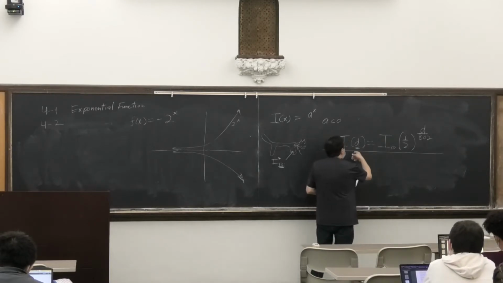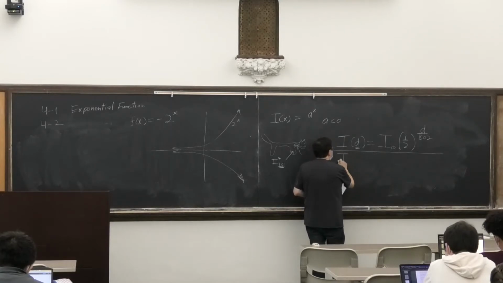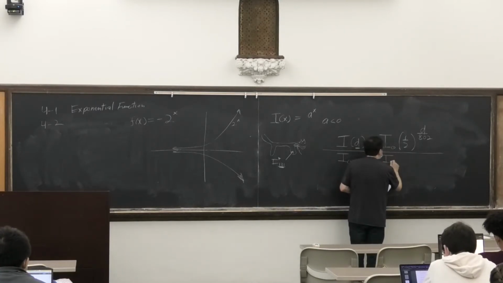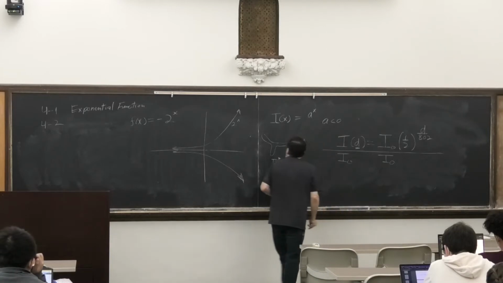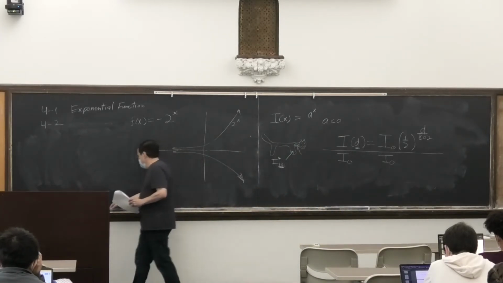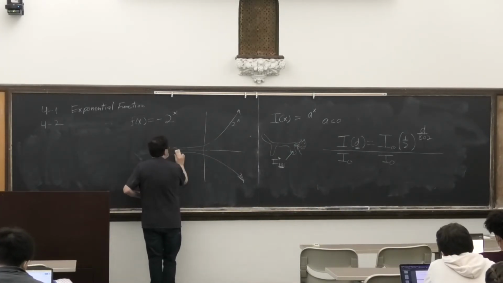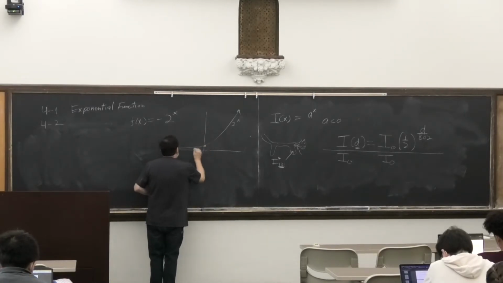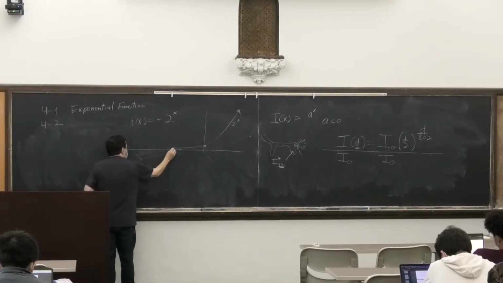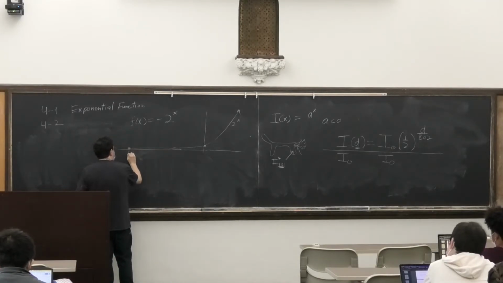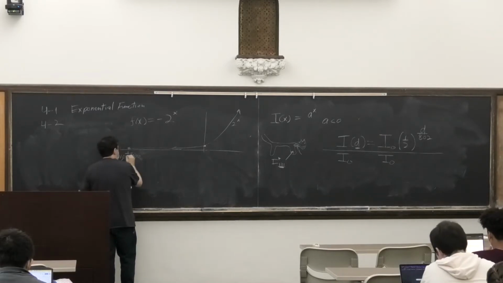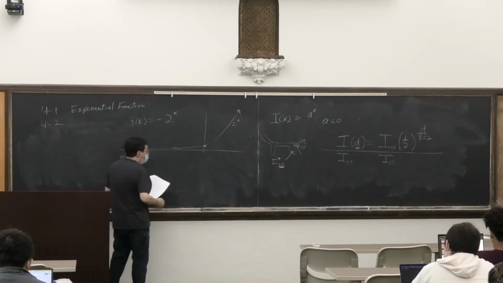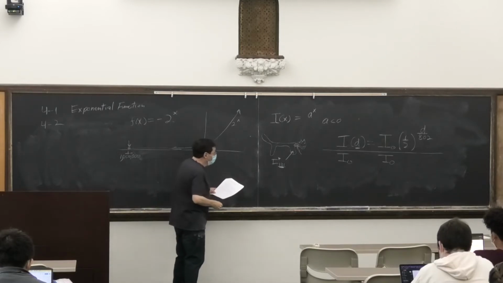So let's divide both sides by I0. And I get that this ratio, again, I'm starting here, and somewhere down here, we're at 1/1,000,000. I want to know where that is, how many days that is.